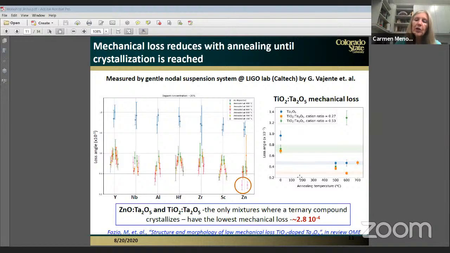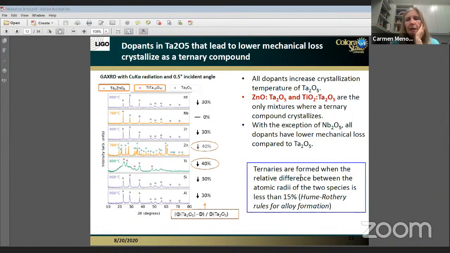So we were intrigued by what happens in these two materials, when we add zinc and when we add titanium, what happens to the structural properties of the material, and why do we get a lower mechanical loss?